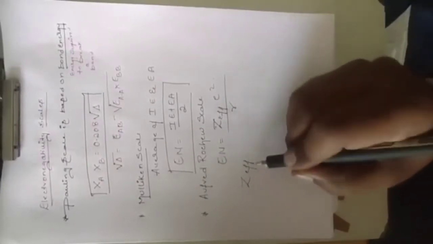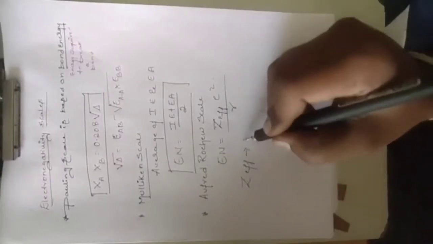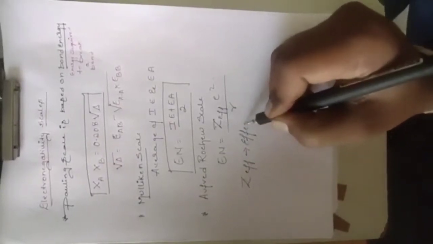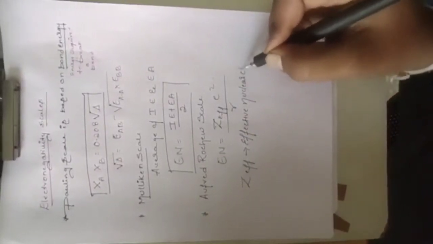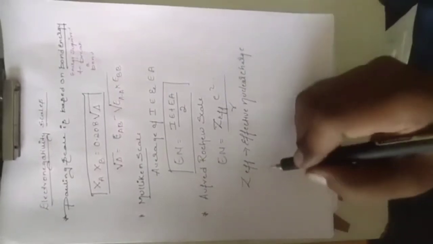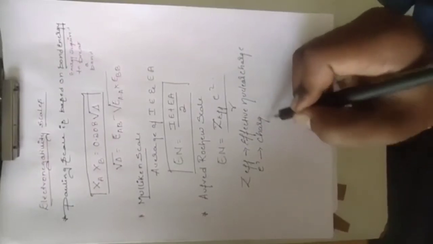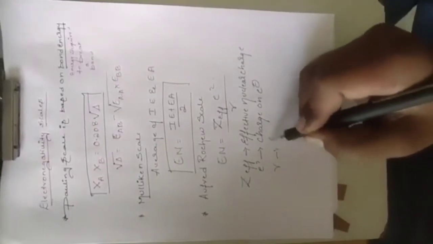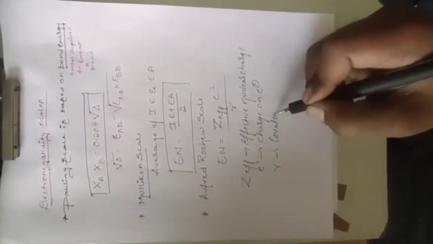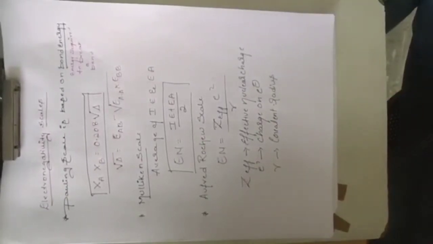Z effective means effective nuclear charge. e square is the charge on the electron. r is the covalent radius. These are the three scales used to measure electronegativity.